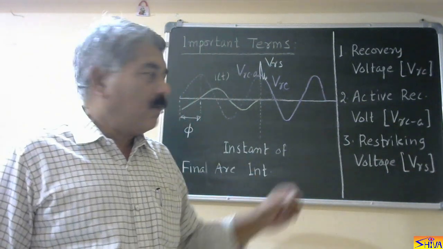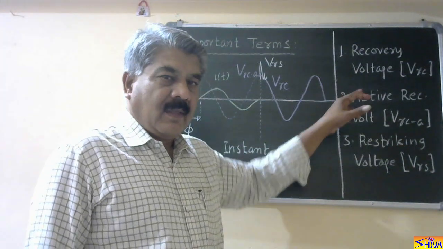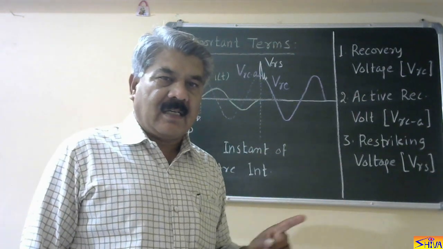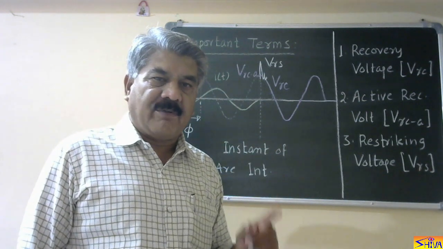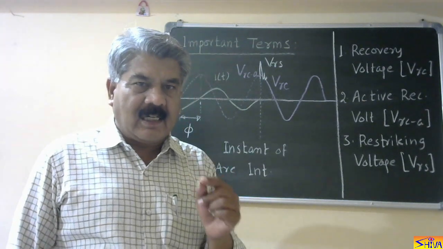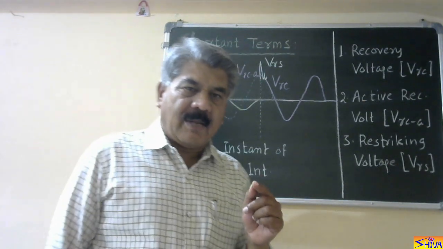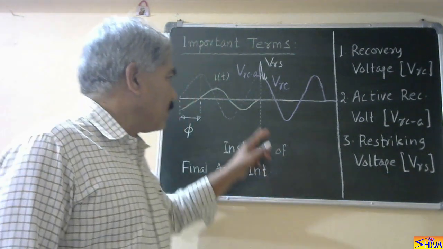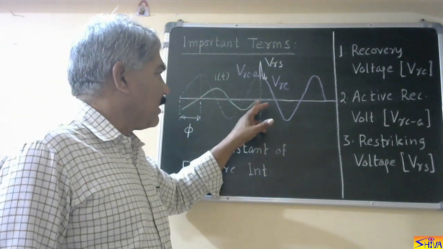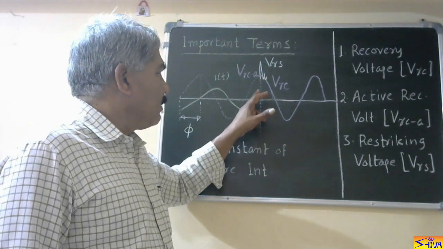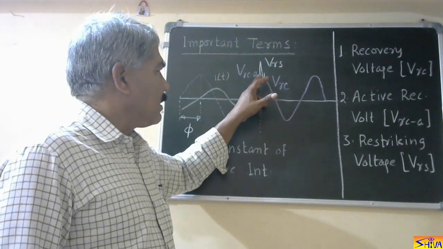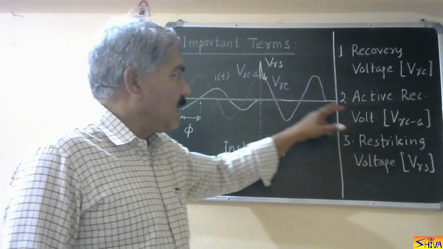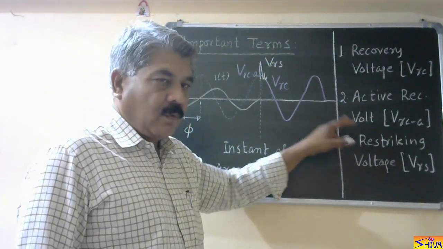Next is active recovery voltage. The instantaneous value of recovery voltage at the instant of final arc interruption is called the active recovery voltage. So it is an instantaneous value, and it appears at the instant of final arc interruption. Whatever power frequency voltage instantaneous value is there at this instant is the active recovery voltage.